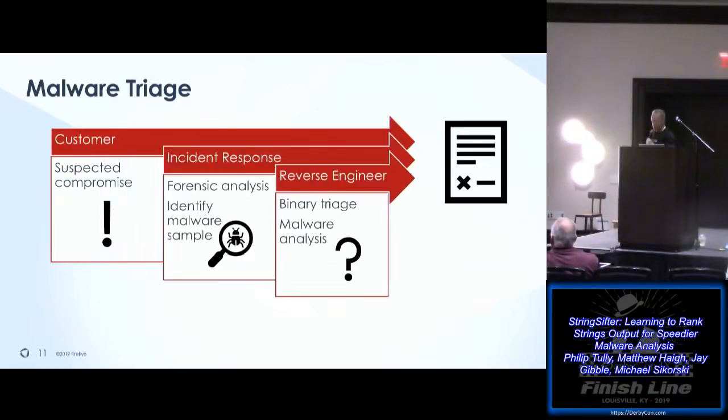So just a quick examination of our process at FireEye. When we have a customer who suspects a compromise, they see something suspicious in the system, they contact us, and we dispatch our incident responders. They're going to do a forensic analysis on the system, perhaps identify malware samples or suspicious samples that may be malware.